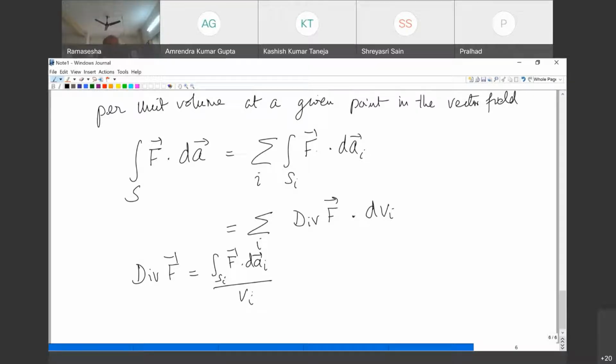It's not Fi, it's F, which is defined everywhere. So all I have done is just divide and multiply by the volume Vi, and I have taken the limit Vi tending to 0.